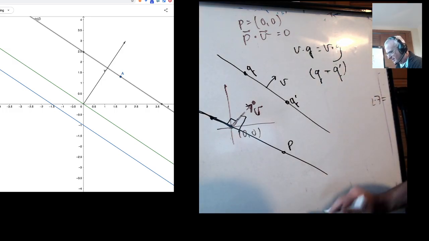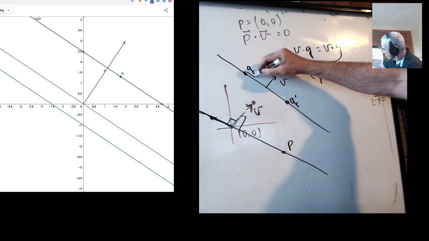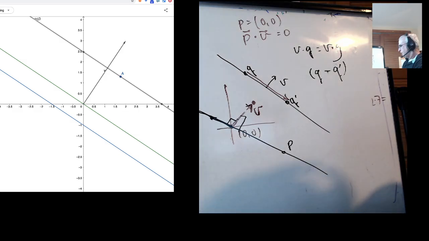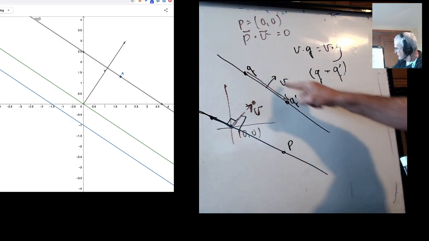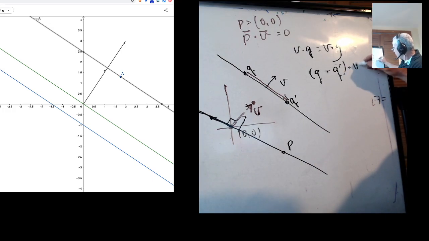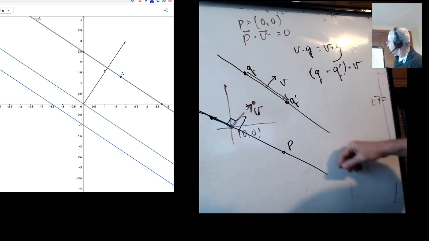What is this? It's a vector. Where is it going from? It's a vector that goes from q to q prime, both points on the line, and you want that q minus q prime, this brown vector, to be orthogonal to v. I just said I want the line to be defined by all the points which are orthogonal.